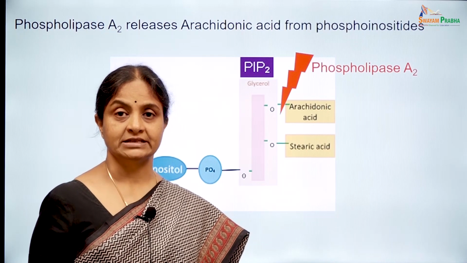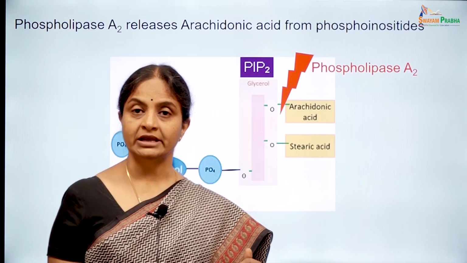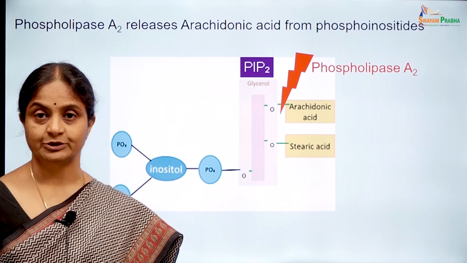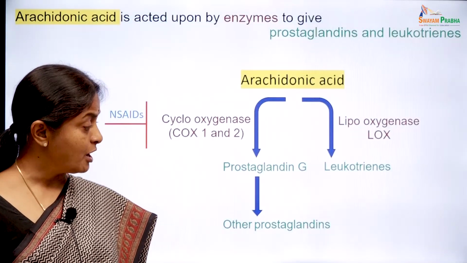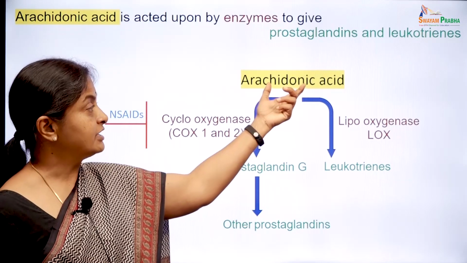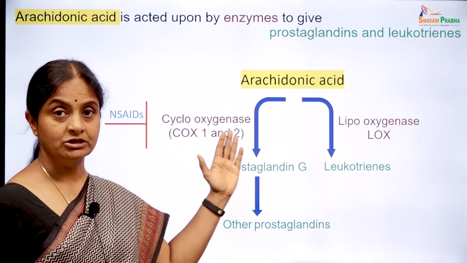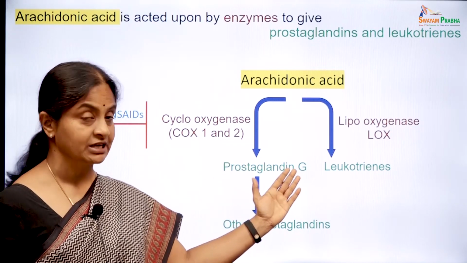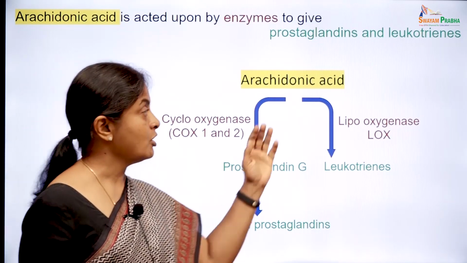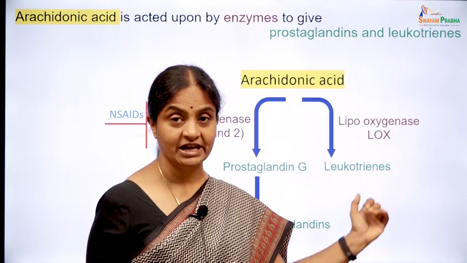And arachidonic acid is an important signaling molecule too, because arachidonic acid released from the membrane can be processed within the cytoplasm to form a set of powerful compounds called prostaglandins. Arachidonic acid can be acted upon by either the cyclooxygenase enzyme to form prostaglandin G, which goes on to form the other known prostaglandins, or it can be acted upon by lipooxygenase to form leukotrienes.